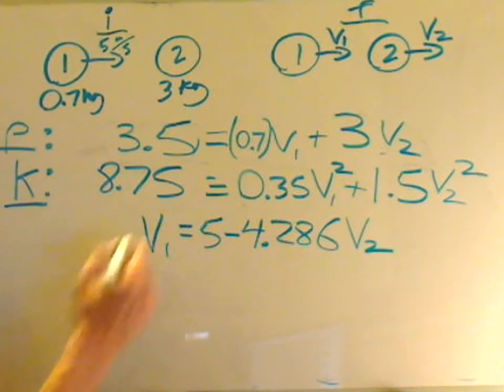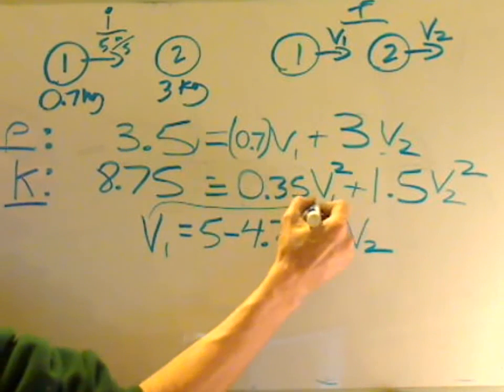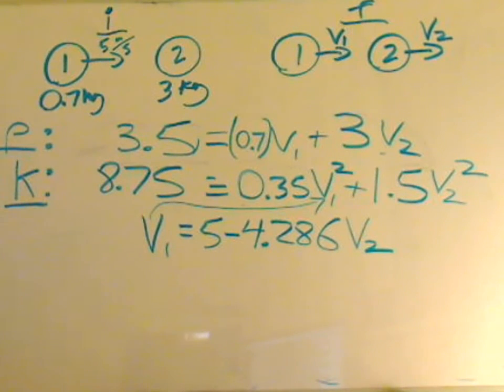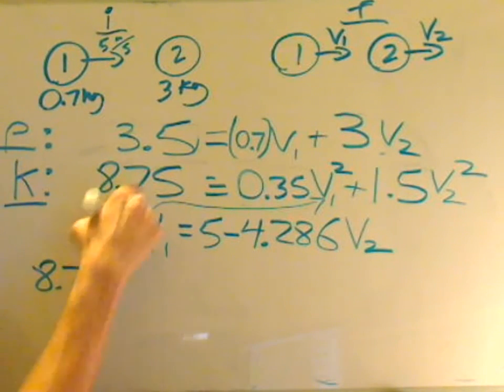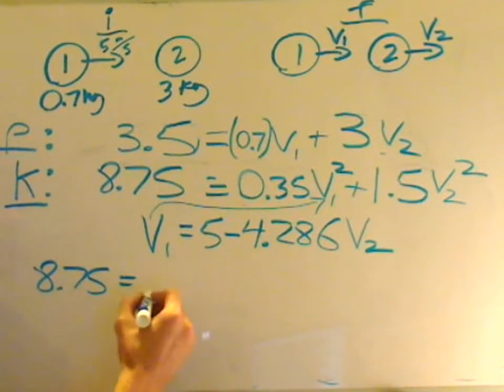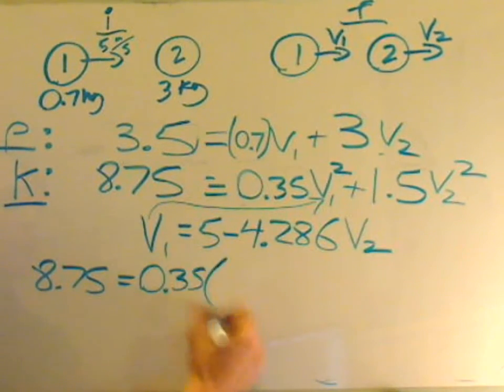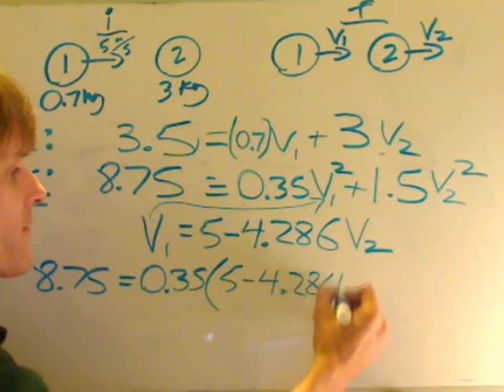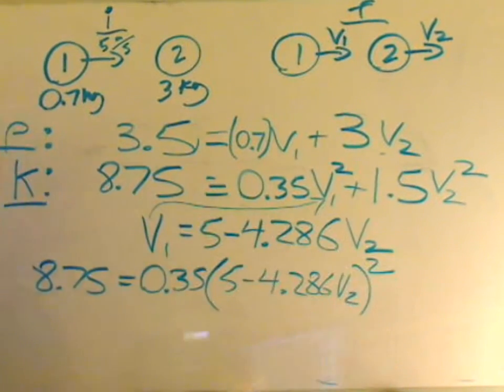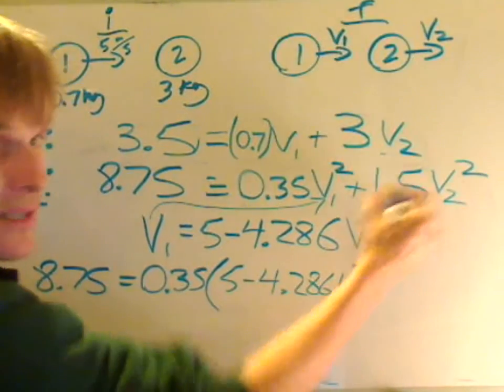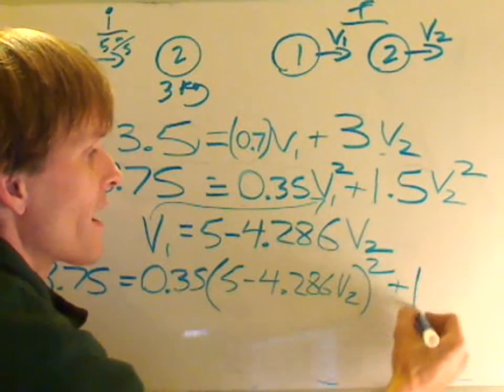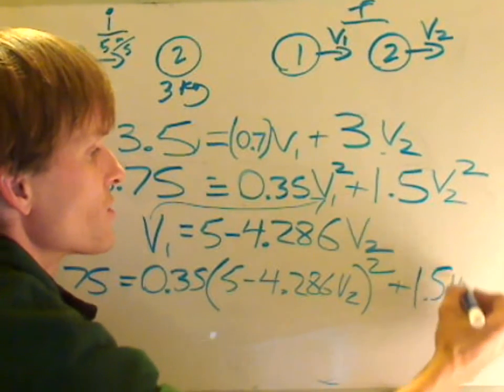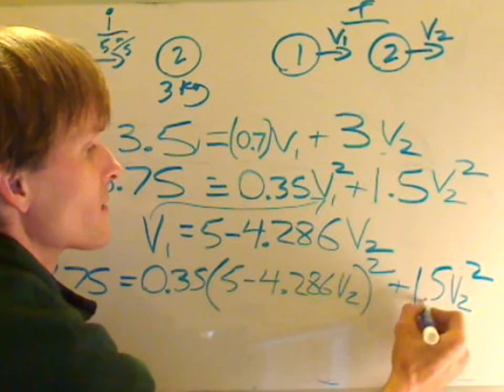Now we take this and plug it into the second equation. When you do that, you get 8.75 equals 0.35 times (5 minus 4.286 V2) all squared, plus our 1.5 V2 squared.